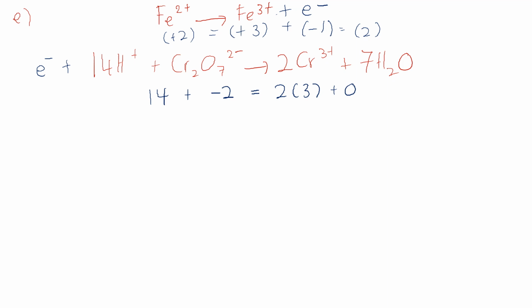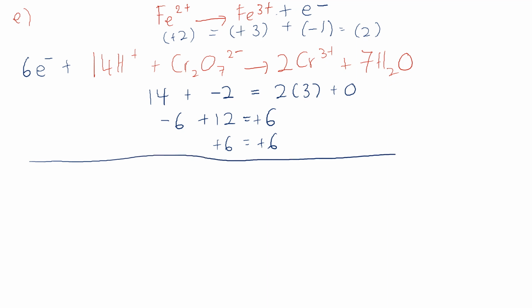So 14 minus 2 is 12. On the right, this one 3 times 2 is 6. So positive 6 and positive 12. We need to reduce it further, so it becomes 6 electrons here, minus 6. So positive 6, positive 6. See? So we have 6 electrons there.